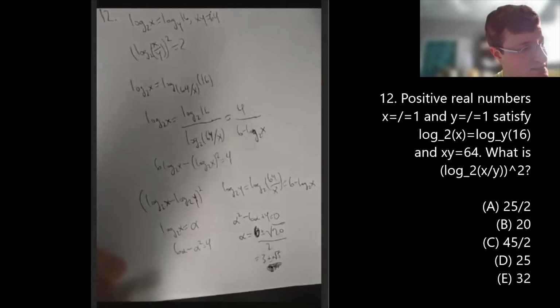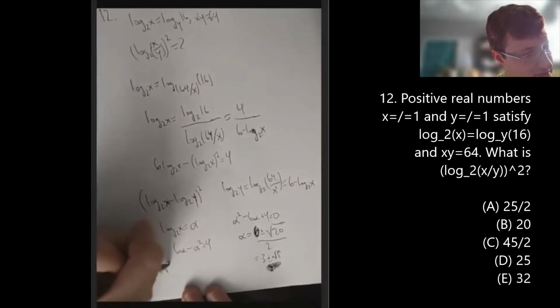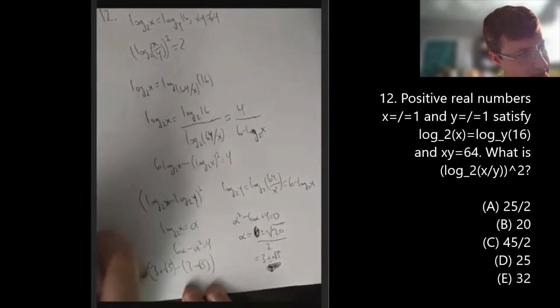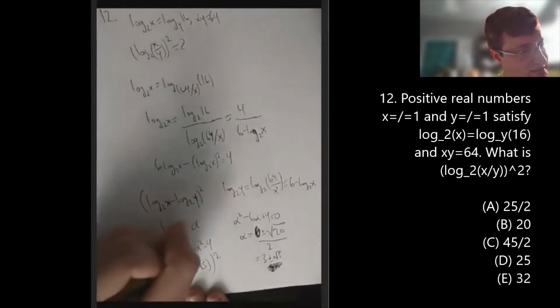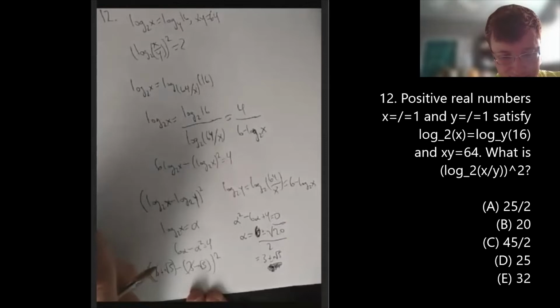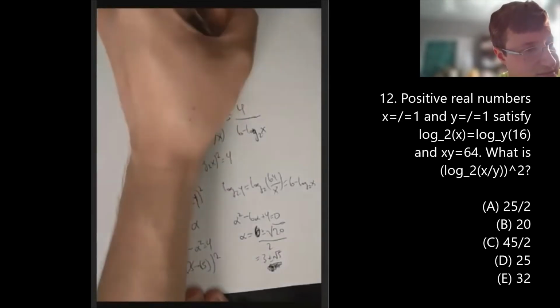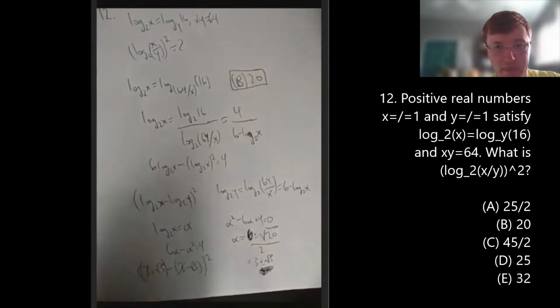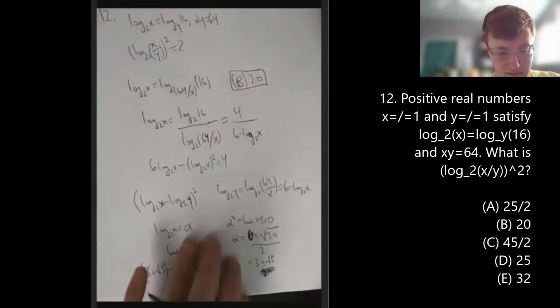So I'm going to get 3 plus root 5 minus 3 minus root 5, and that all squared. And the 3's go away, and I get 2 root 5 squared, so that's 20. Okay.